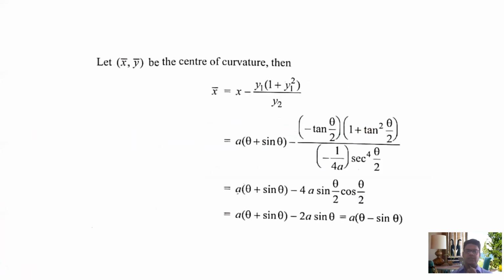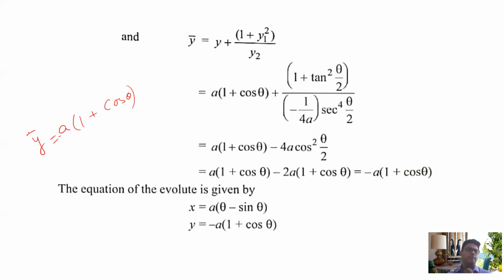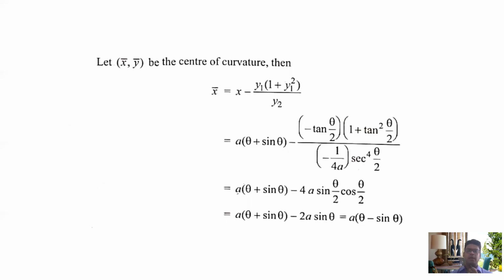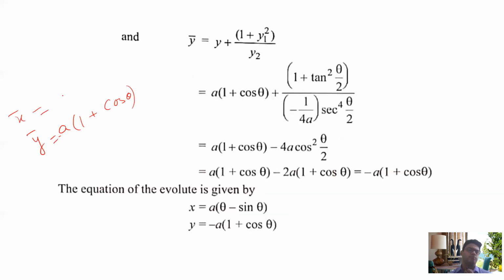And x bar is equal to a into theta minus sine theta. So this is called the parametric form of equation. The equation of the evolute is given by, replacing x bar, y bar by x, y: x is equal to a into theta minus sine theta, and y is equal to minus a into 1 plus cos theta.